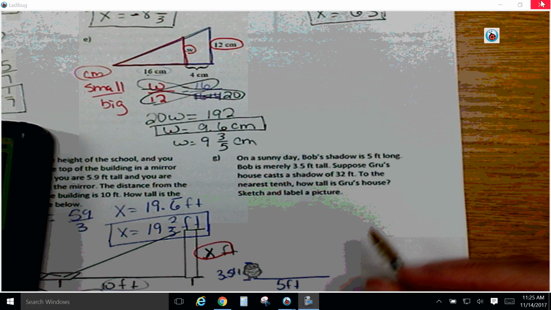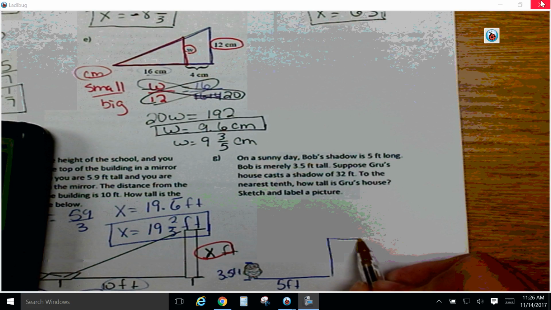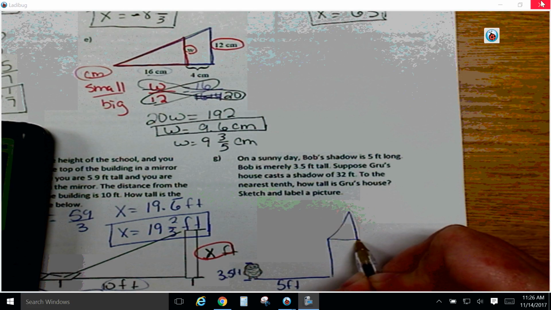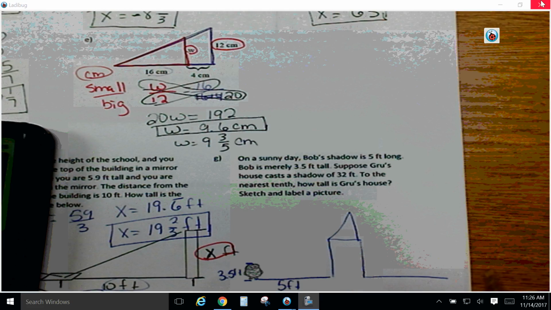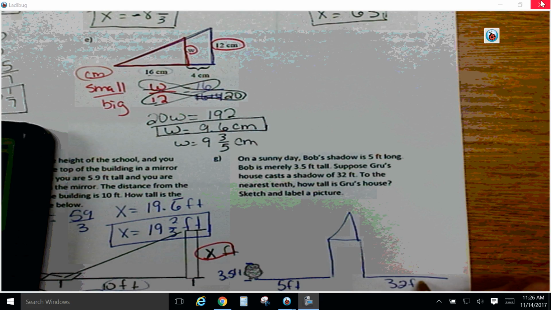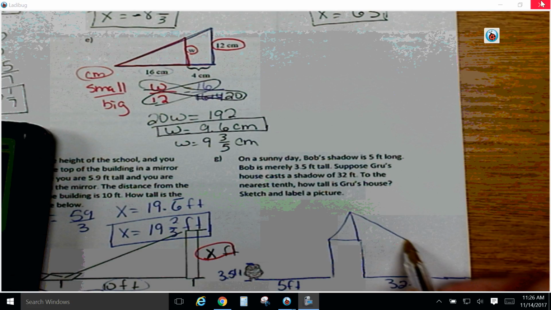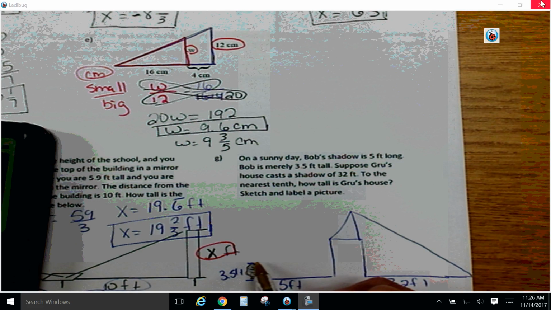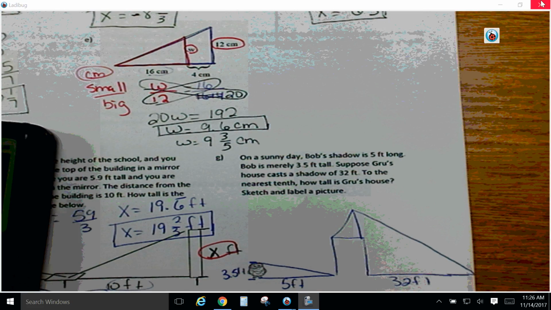And then you have a house here that casts a shadow that is 32 feet. Okay, so let's go all the way to the edge of my paper here. And let's go down. There's my triangle there. And here's my triangle here. We're going to say they're similar triangles here.